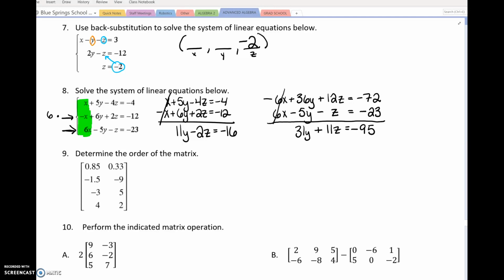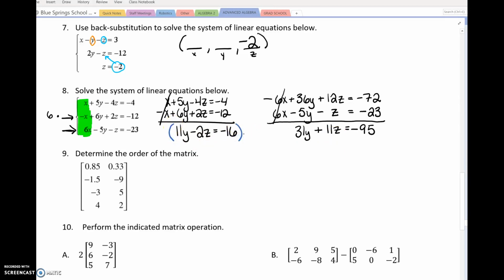Okay. We have eliminated the x's twice. Now we have two equations that both have y and z. If we tried to eliminate the y's, we're working with 11 and 31. Does that sound like any fun whatsoever? No. -2 and +11, we can work with that.